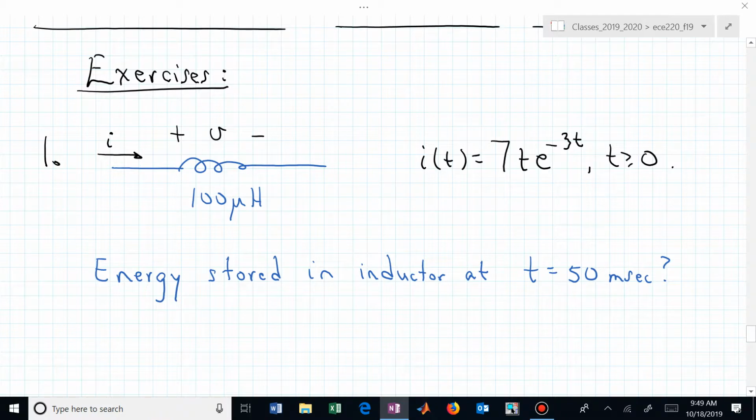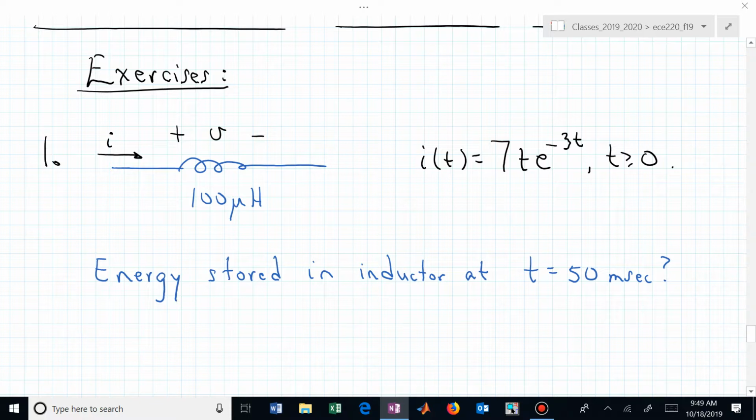What's that I of t waveform look like? t e to the minus t. Can you see that? If I say what's t, you know you're sloping. If I say e to the minus t, you know you're exponential. Now we're combining those with a product. What's t e to the minus t?